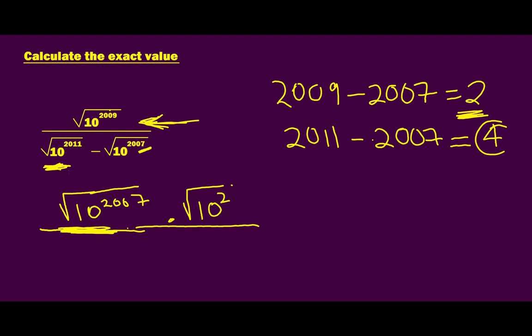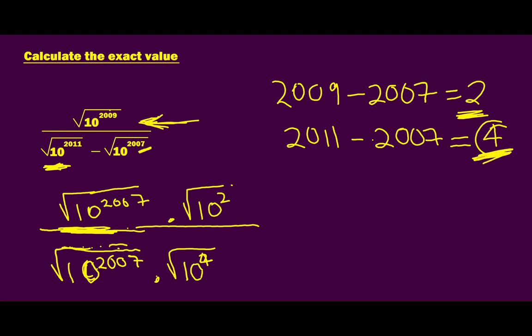So in the denominator from the first term we have square root of 10 to exponent 2007 firstly, right, then multiplied by square root of 10 to exponent 4, right, because 2007 plus 4 gives you 2011.